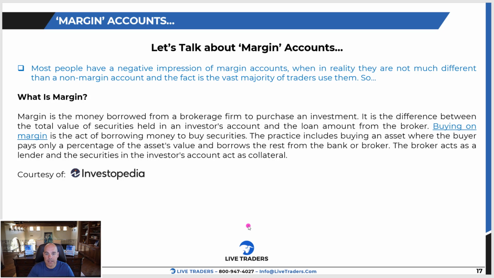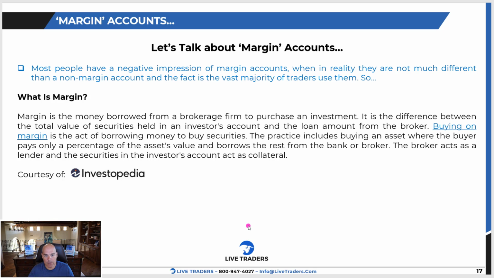But if you have a $2,000 account and you want to trade Tesla, it might eat up most of your $2,000 account. But if you have a $2,000 account that's leveraged to $8,000, now you can take another trade other than Tesla. Maybe you can take a second or a third trade. So margin is a good thing, as long as you're smart with it.